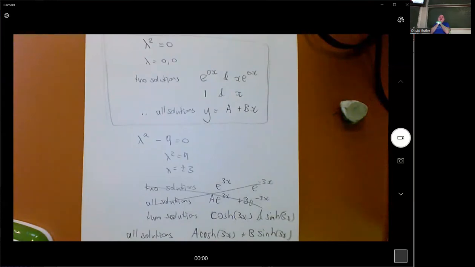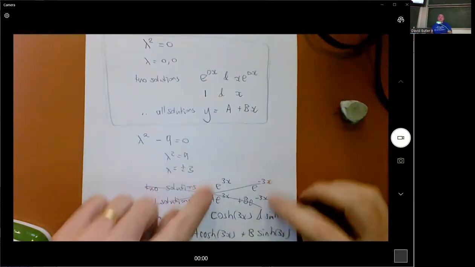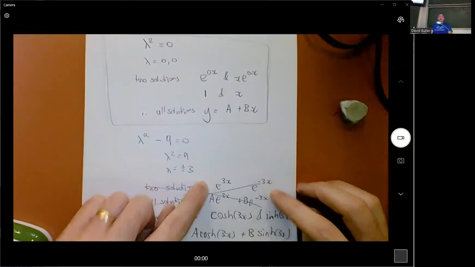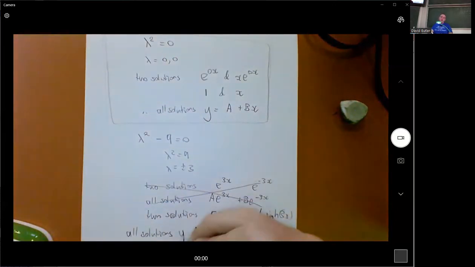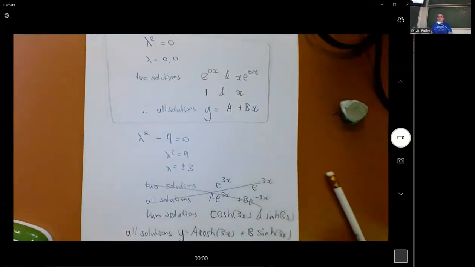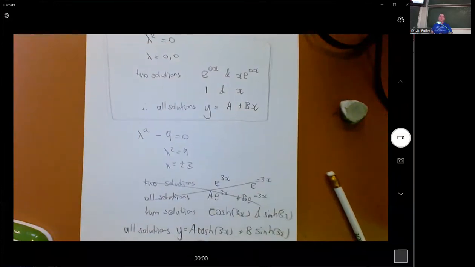Sometimes this one will be easier to see what the function's doing as x goes to infinity, but sometimes this one will be nicer. Especially because if I'm going to have to differentiate this later, differentiating cosh and sinh is particularly nice because the derivative of cosh is sinh and the derivative of sinh is cosh, and the 3 will come out, but that's fine. I just wanted to show it to you.